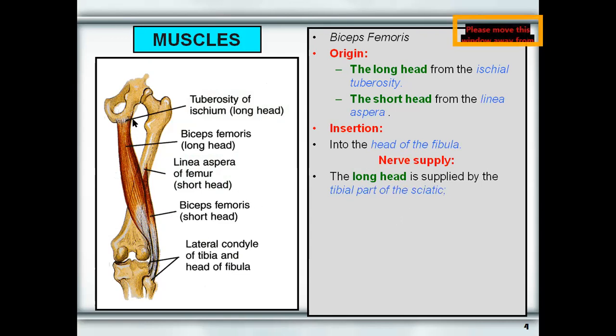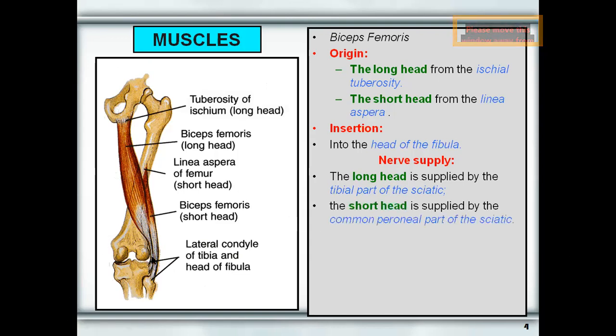The nerve supply of all hamstrings is the sciatic nerve. In the popliteal fossa, the sciatic nerve divides into tibial and common peroneal components. The long head is supplied by the tibial part, and the short head, which is lateral in position, is supplied by the common peroneal part.